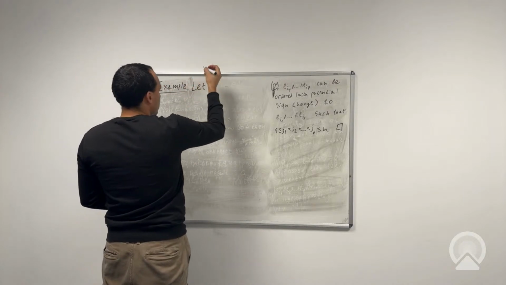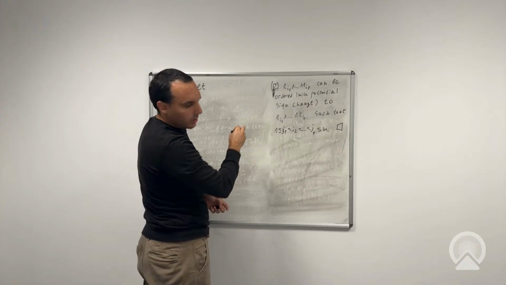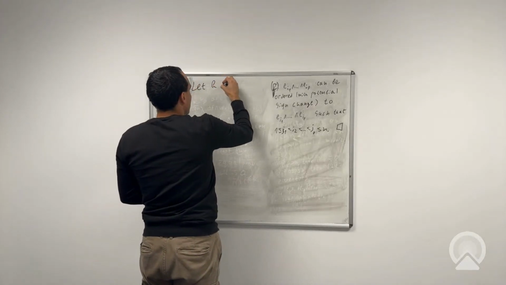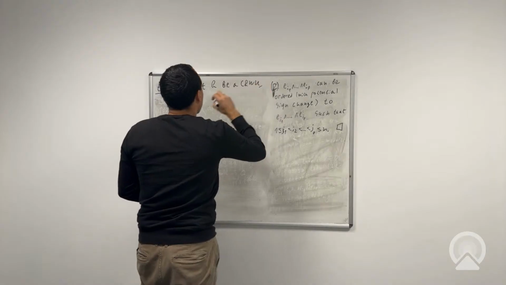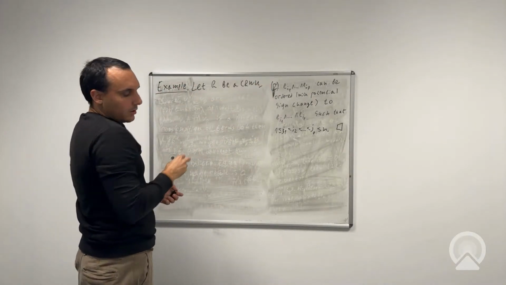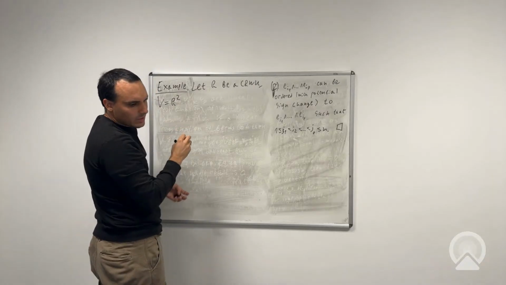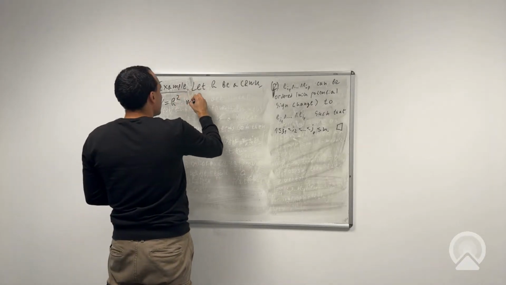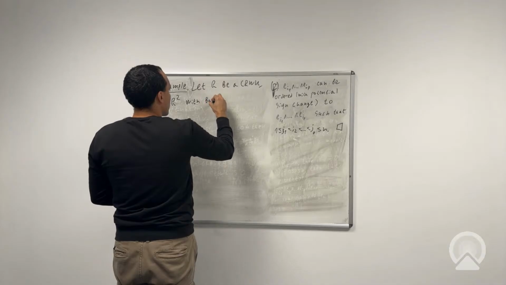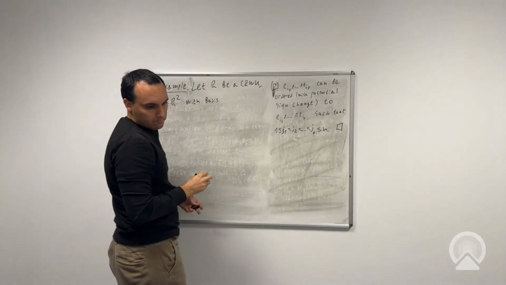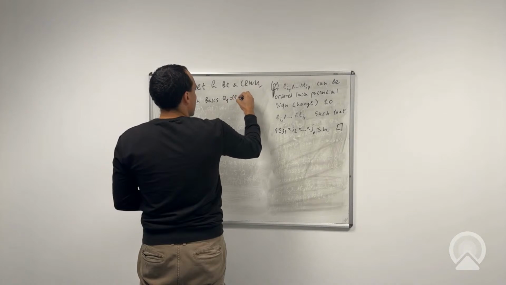Consider commutative and V is R squared with basis. With the standard basis. It doesn't matter the basis. Okay, let's take the standard basis.